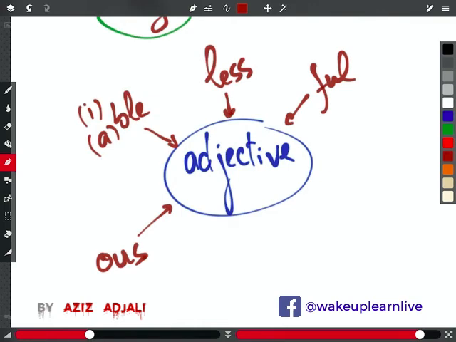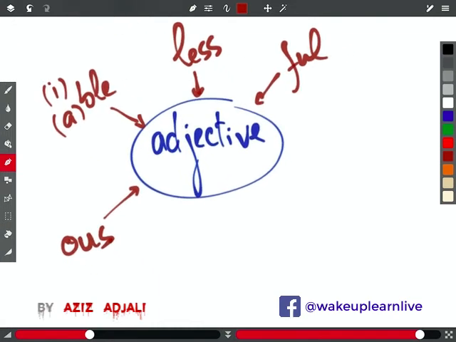All of these ending with ous are considered as adjectives. Also we have ive. Like to create, for example, is the verb. If you want to transform it into an adjective, we say creative. Okay, so creative, productive, expressive, corrective, relative, active, native, positive, all of these ending with ive.